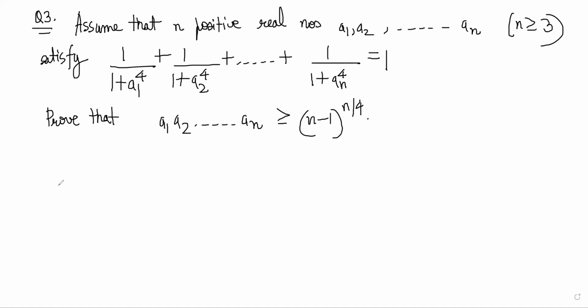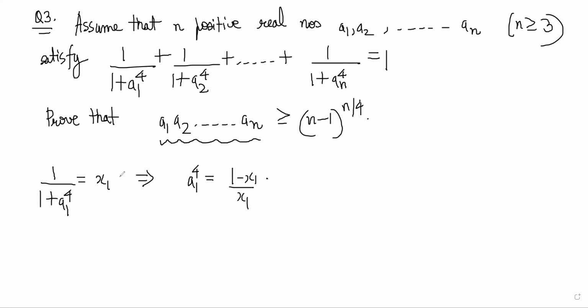So what I would say here is, let's say 1 by (1 plus a1 power 4) is equal to x1, right? So that implies a1 power 4, if you solve for that, becomes (1 minus x1) by x1, right? And let's focus our attention on this product.